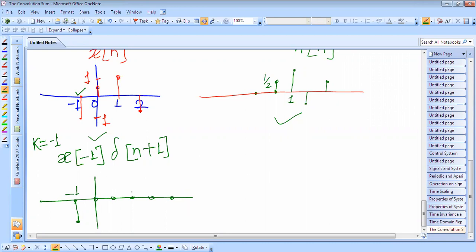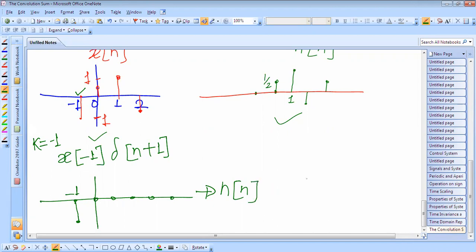So this is x of minus 1 into delta of n plus 1. Here we have to apply h of n, because we have to multiply by x of k, and the output y of n in response to the input x of n is obtained by summing all the individual outputs.